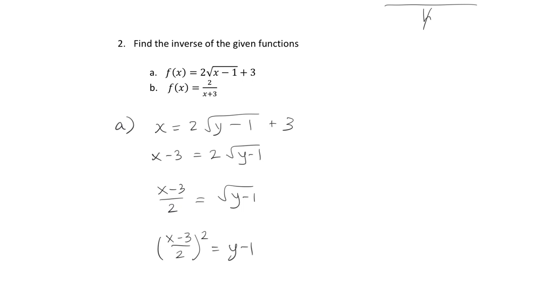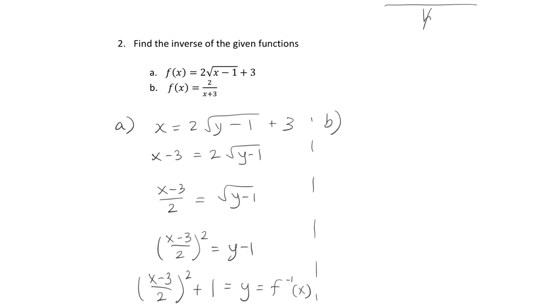And finally subtract 1. Or rather add 1. Let's add 1 to both sides to get y by itself. And then the final step would be to use function notation. So there's part A.